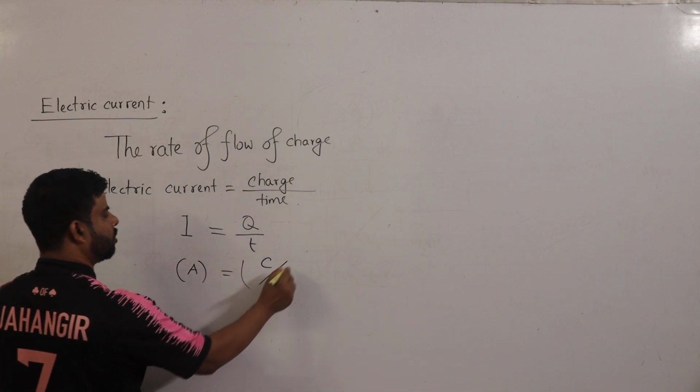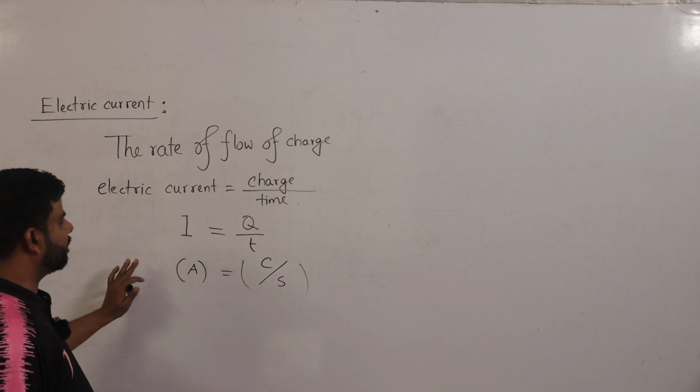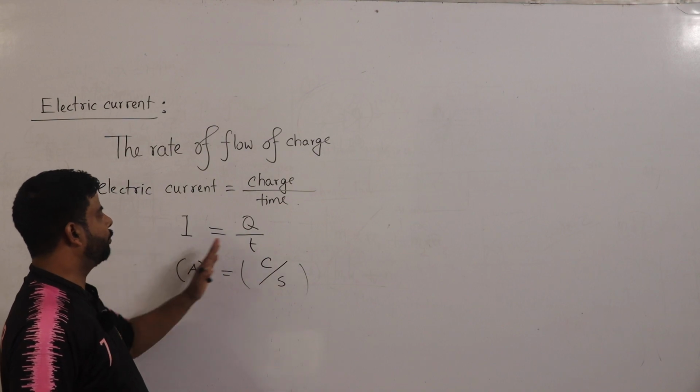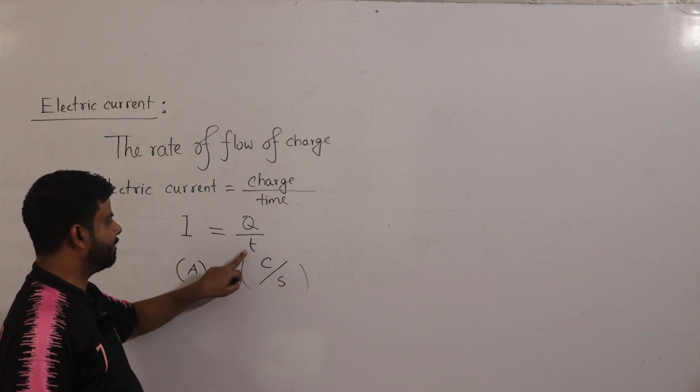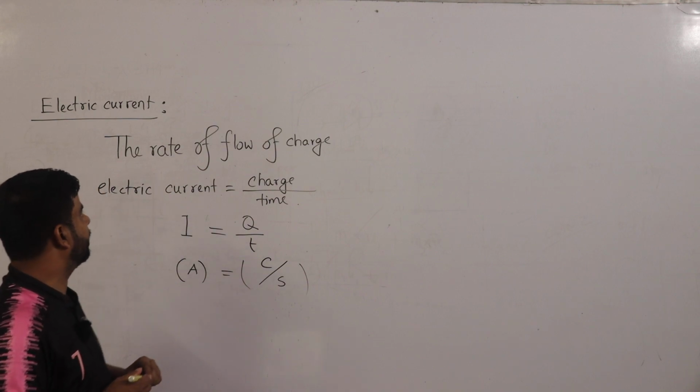Coulomb per second is known as ampere. Electric current is a scalar quantity because it is the rate of flow of charge. Charge is scalar, time is scalar, so the ratio of two scalars must be a scalar.